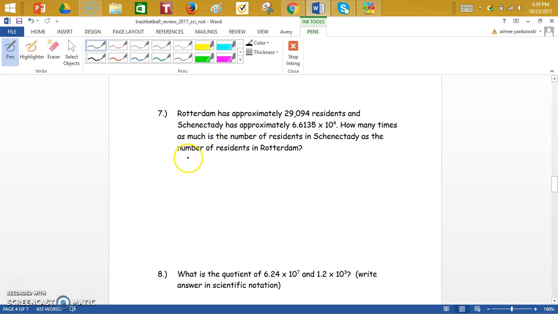Okay, I think what they're saying to us is if I rewrite this in scientific notation, this would be 2.9094 times 10 to the 4th, times what number would get me up to 6.6135 times 10 to the 4th.